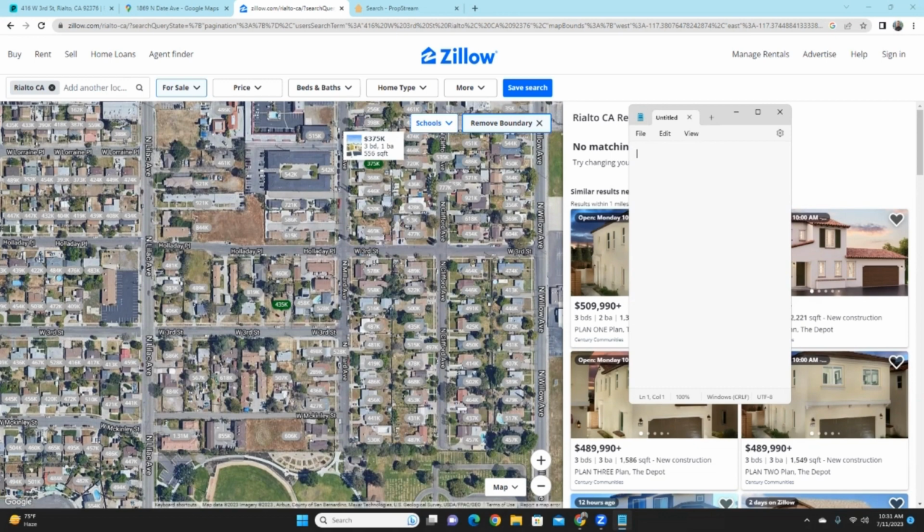So we're going to put down the address, that way we know what we're working with, right? We're going to put down the square footage, which is 959. We're going to put down the bedrooms. It's 2 bedrooms. We're going to put down the bathroom, right? It's 1 bathroom.